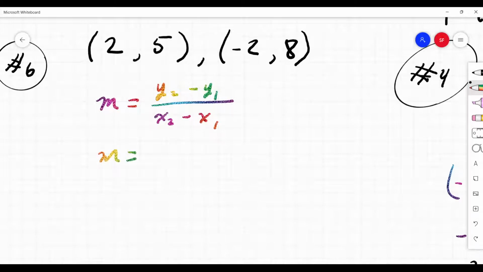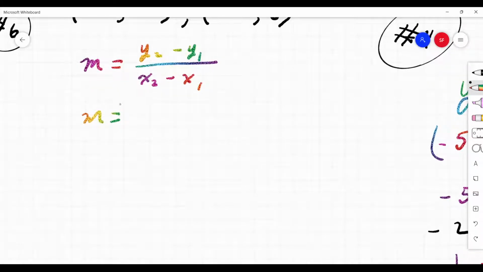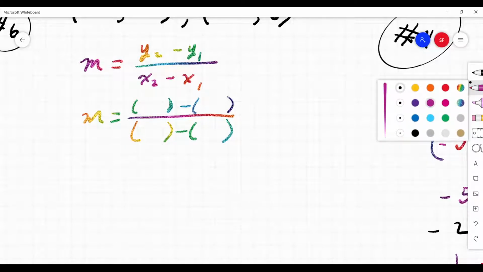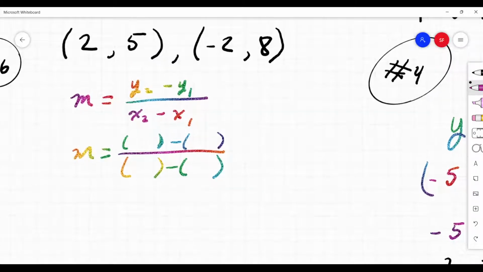So when we plug that in, what are we going to put right here? Okay, and here. And then here, -2. And then here.